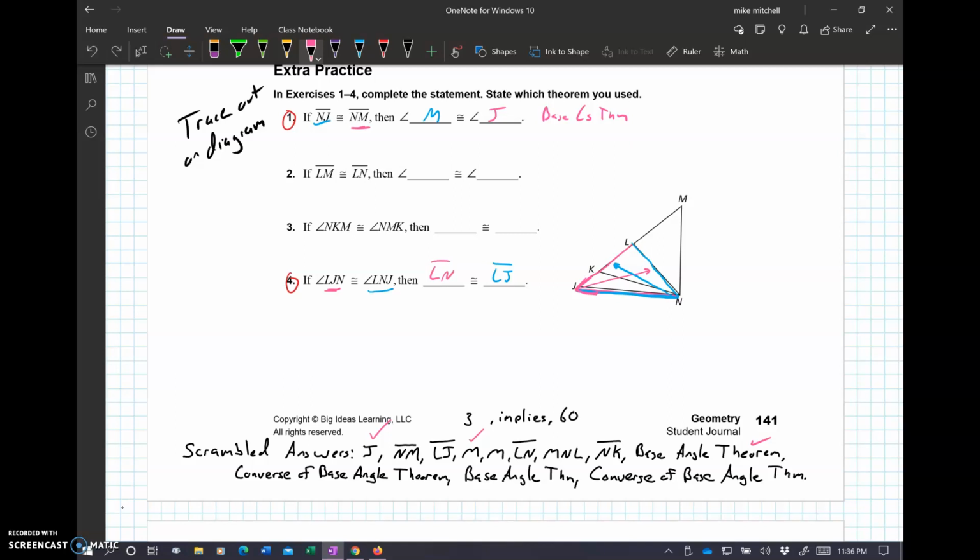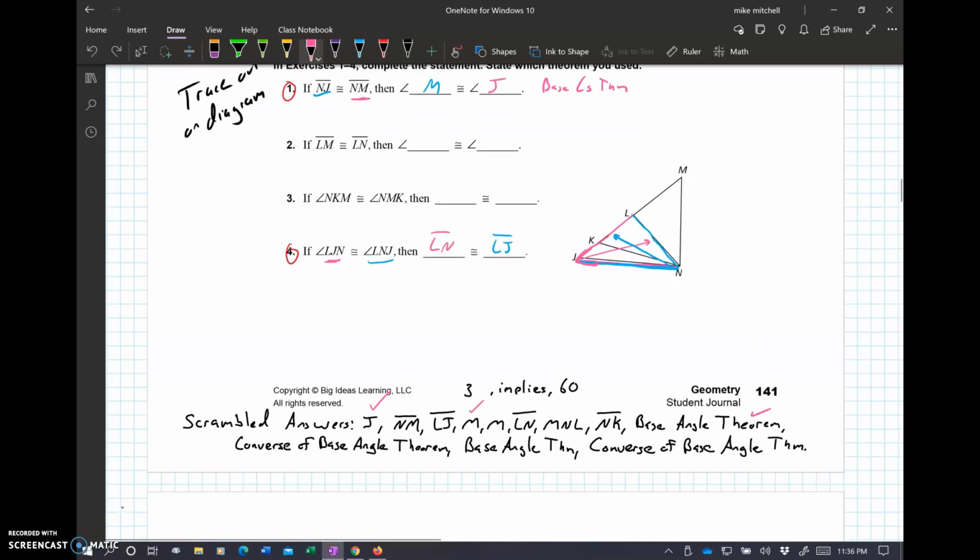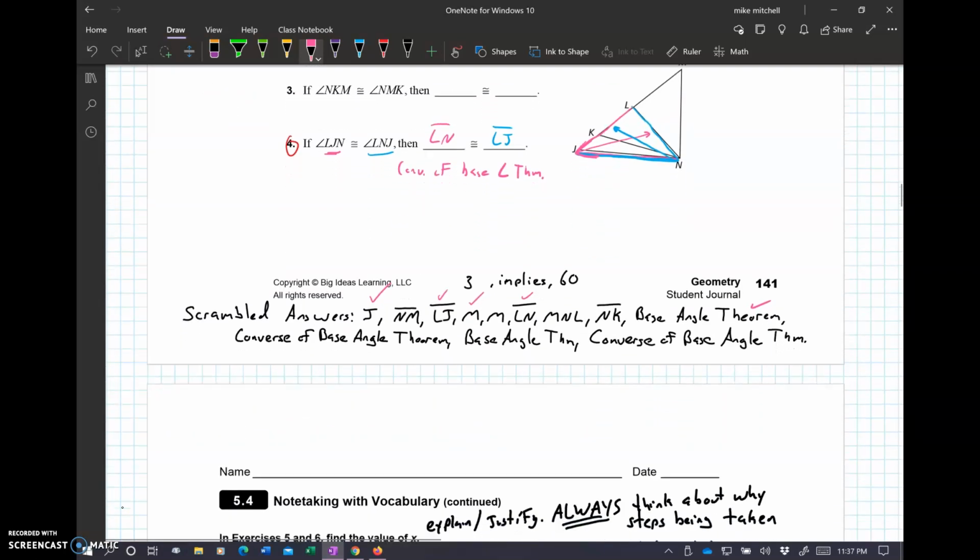There's LJ, there's LN. If you said JL or NL, that's fine too. And that's going to be the converse of the base angle theorem.